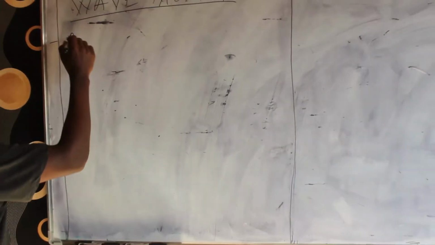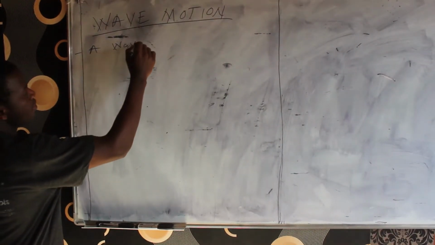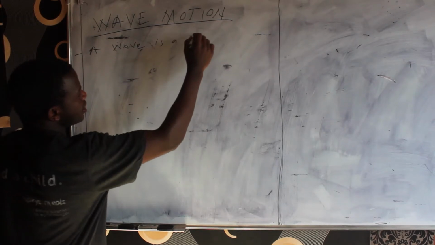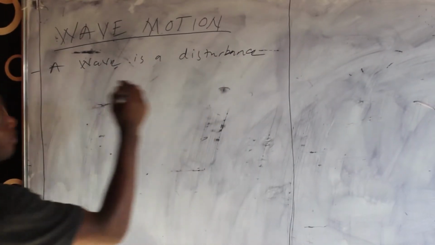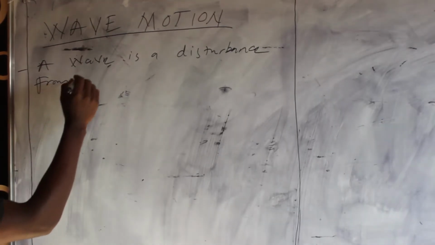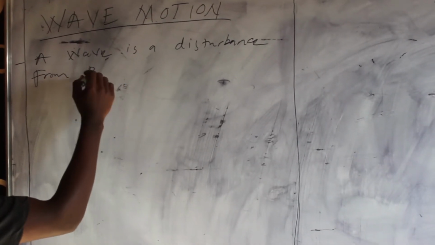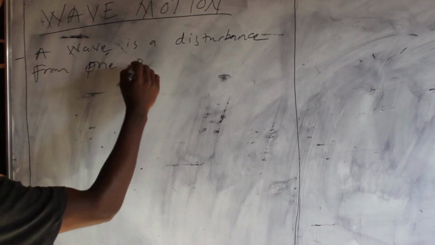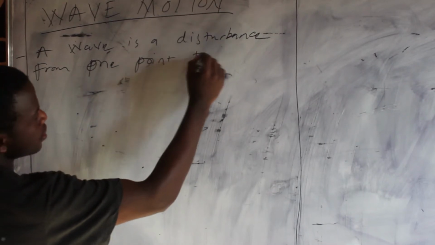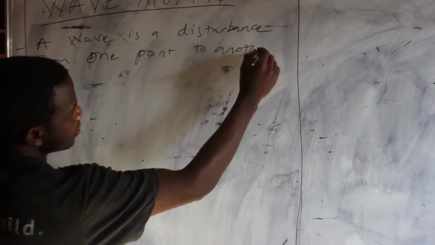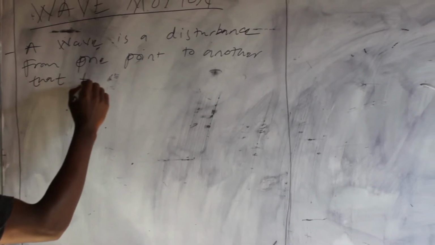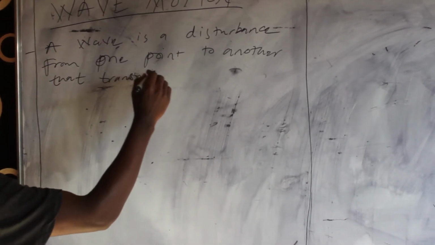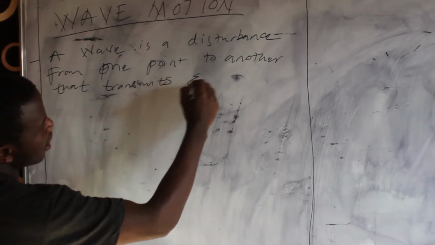I've said the definition of the wave. A wave is a disturbance from one point to another that transmits energy.